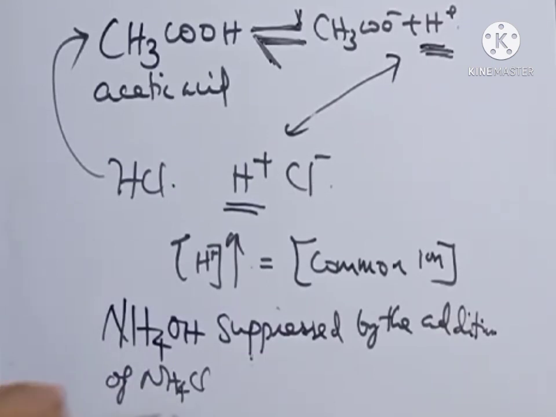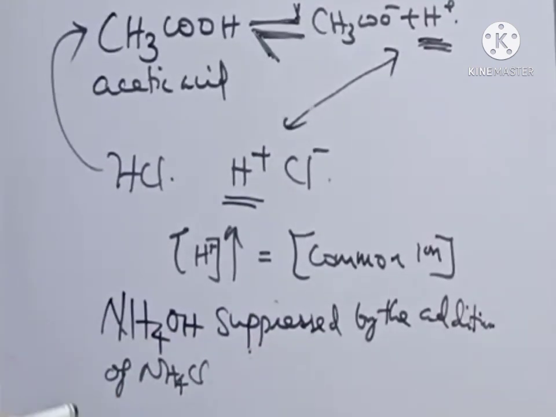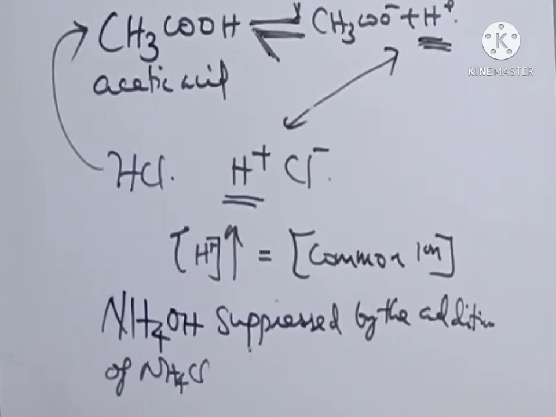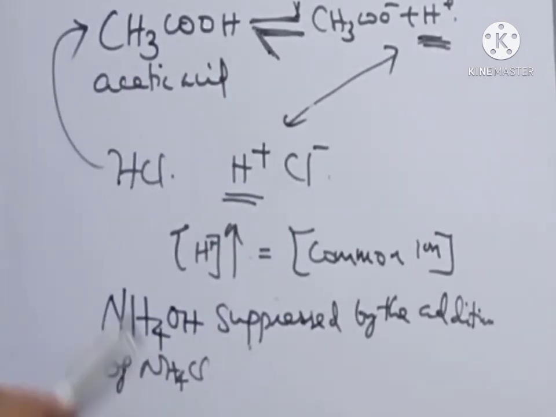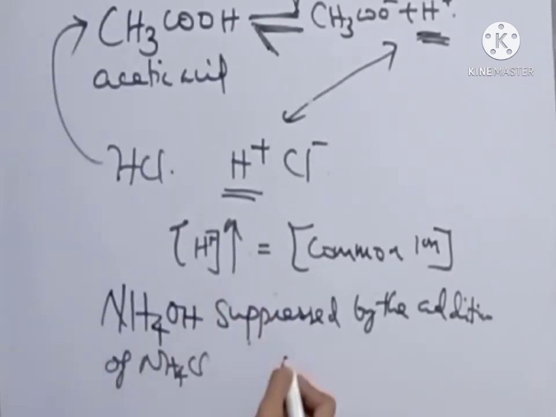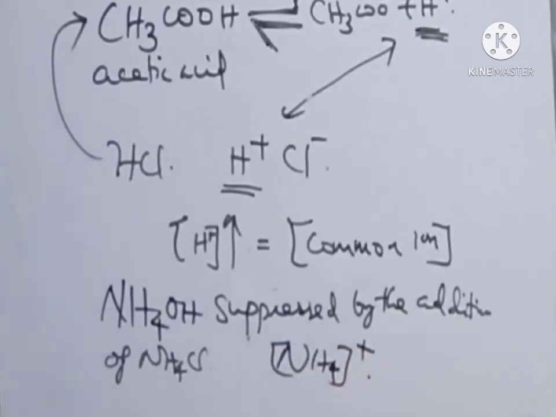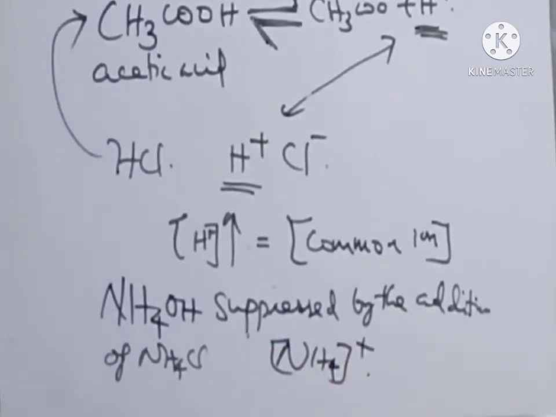By the addition of ammonium chloride, the dissociation of ammonium hydroxide is suppressed. The reason is that both electrolytes contain a common ion, NH4 plus. That is common ion effect.